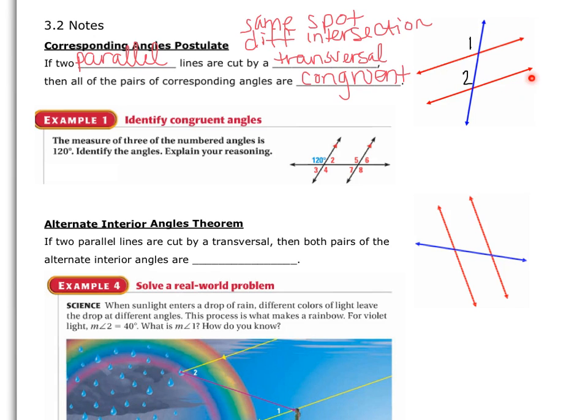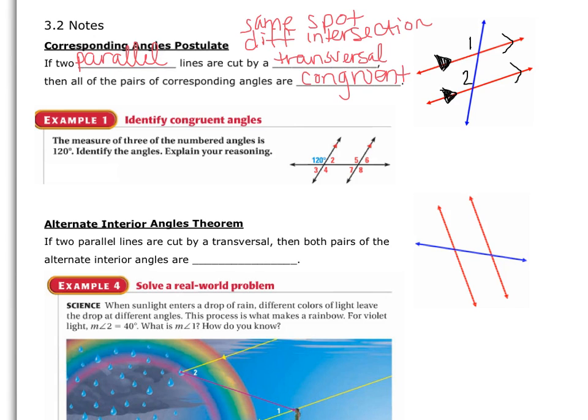As this diagram sits right here, the lines are not parallel. The symbols that indicate parallel are arrows on top of the lines, or sometimes you see them drawn as a complete triangle sitting right on top of the lines. So that is a symbol to let you know that those lines are parallel.